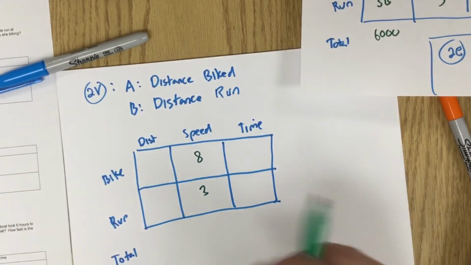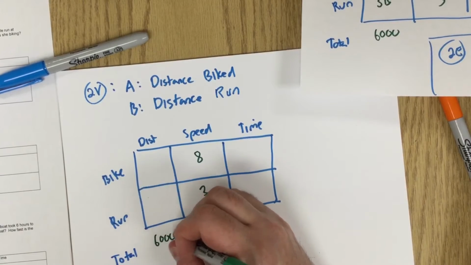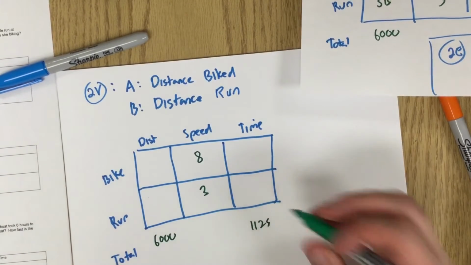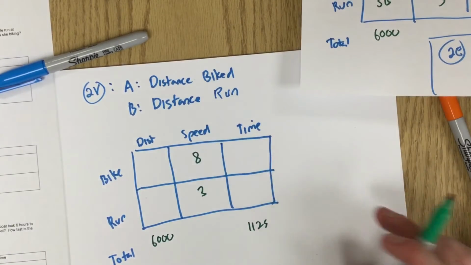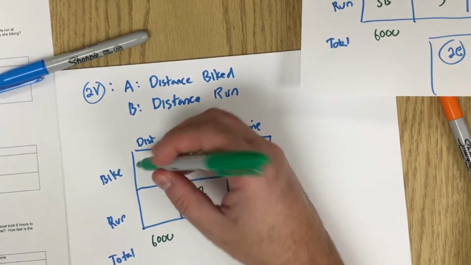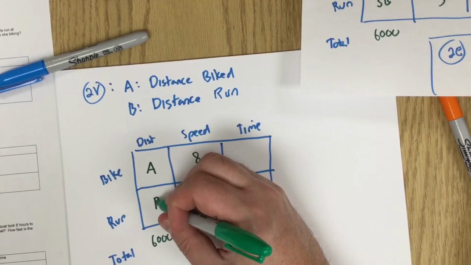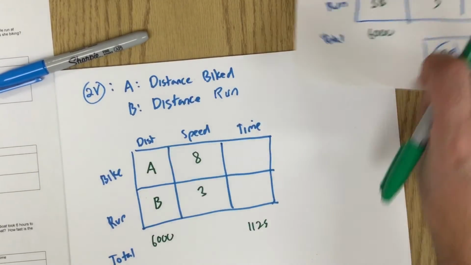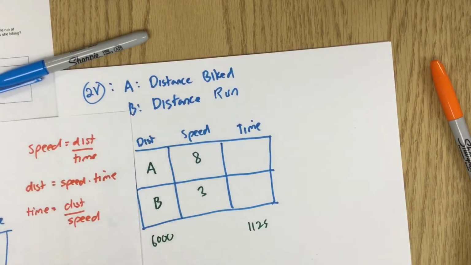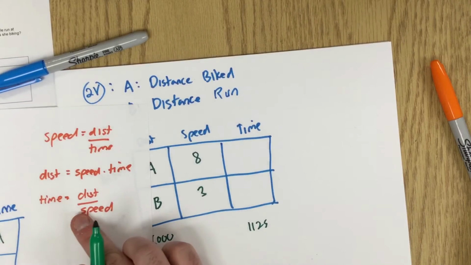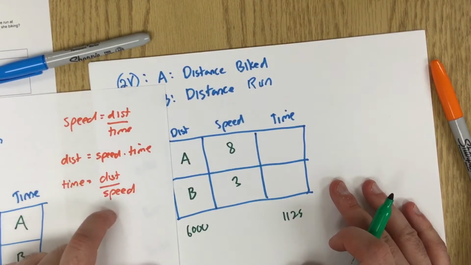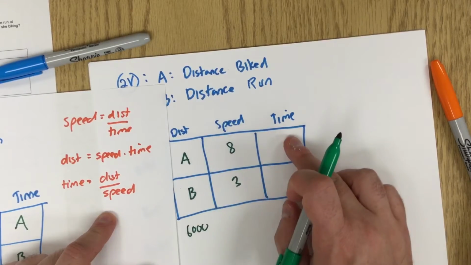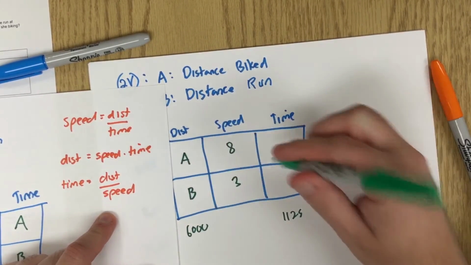The total distance is still 6,000 and the total time is still 1,125. What's changed here is that the variables have changed. So now instead of time being A and B, the distance is going to be A and B. Now we're going to have to figure out the formula. So the formula for time is distance over speed. So the time is going to be the distance divided by the speed.